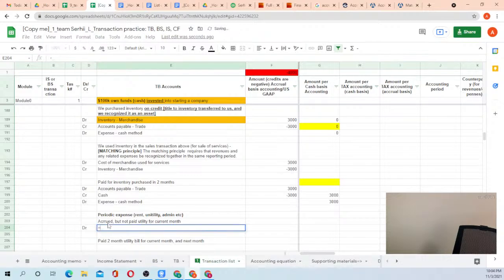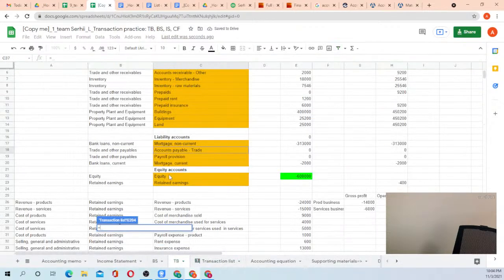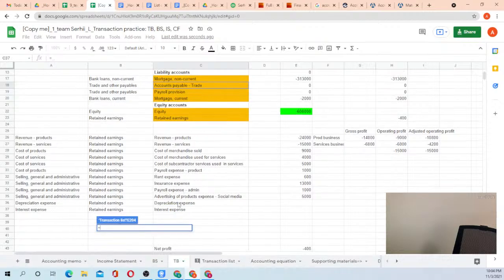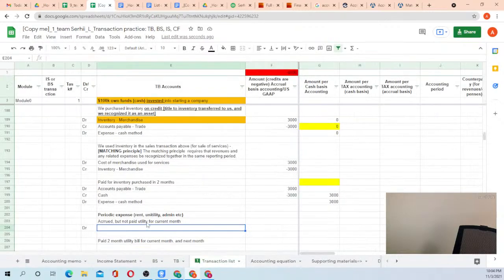Debit. Let's see if I have something like that in the trial balance. No, I don't. So let's call it utility expense. Let's say it was 600. Credit, accounts payable trade, same 600. Anything happening with the cash basis of accounting? No, nothing happens.